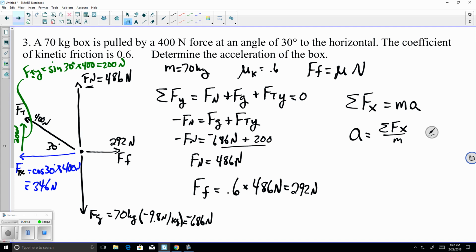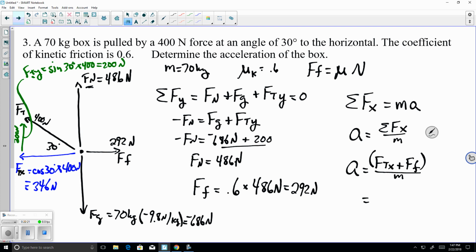Now that I'm able to do that, I can just go ahead and fill all that in. The sum of F in x is equal to the friction force plus Ftx. So these two are the sum of Fx. Let's go ahead and plug those numbers in.